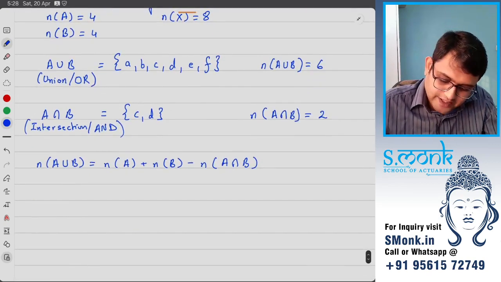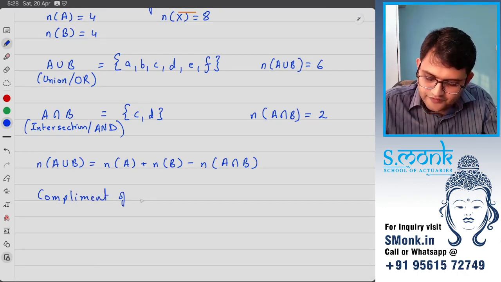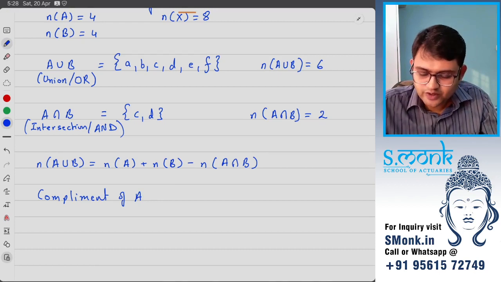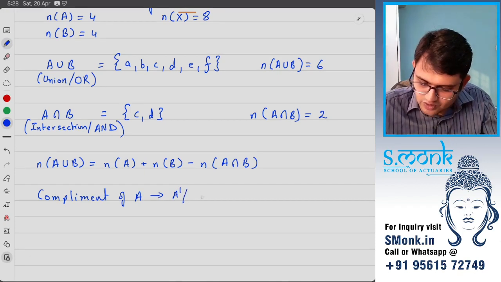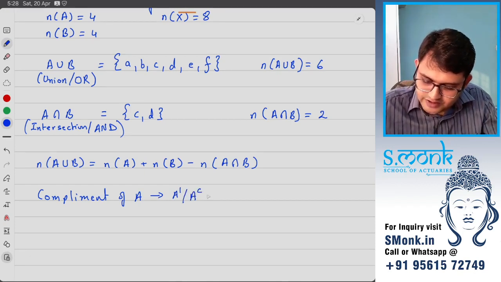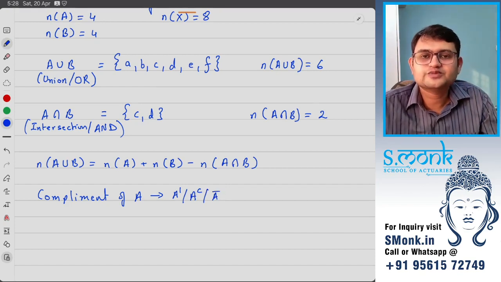Now we can use another term. There is something called complement. The complement of any set, let's say the complement of A, we will represent it as A dash, or sometimes A^C, or A bar. These are usually the different types of terms that are used to represent a complement.